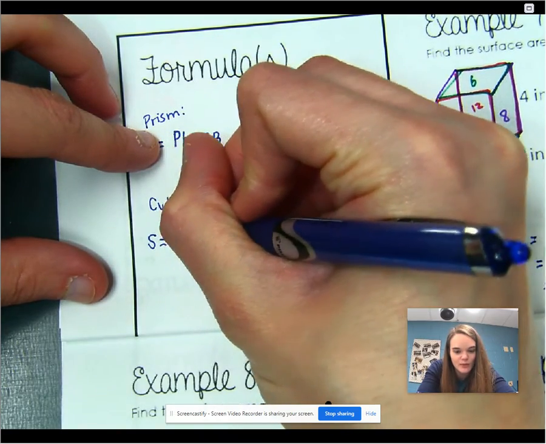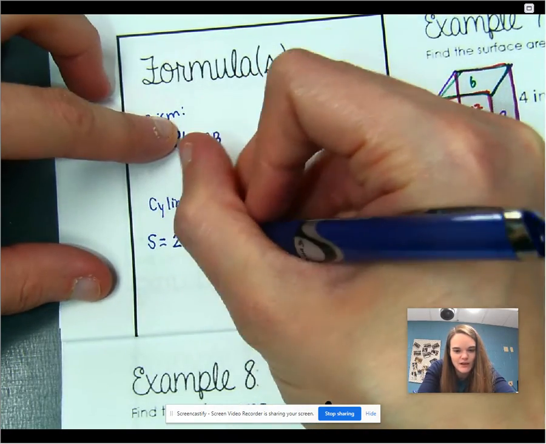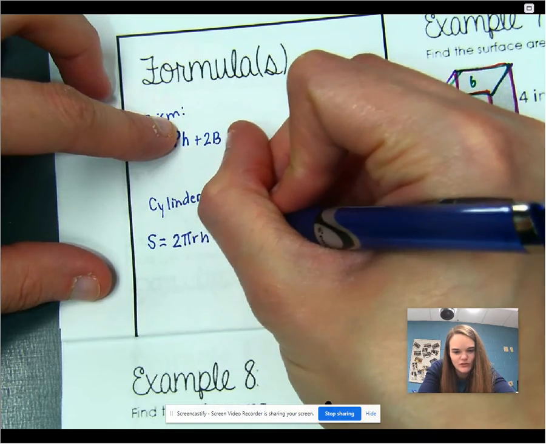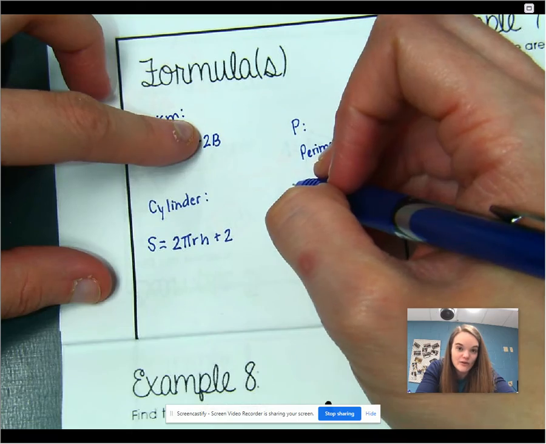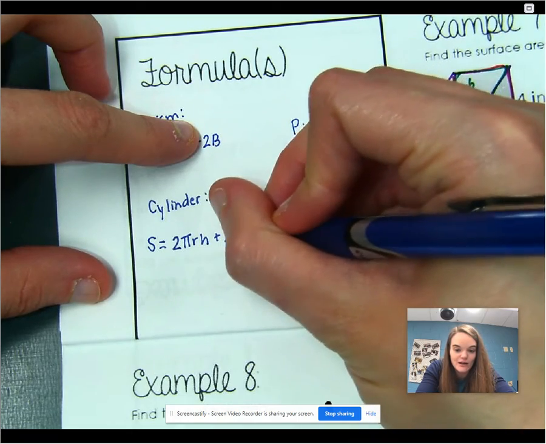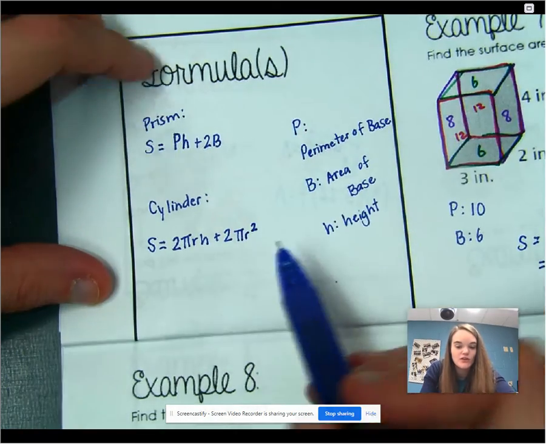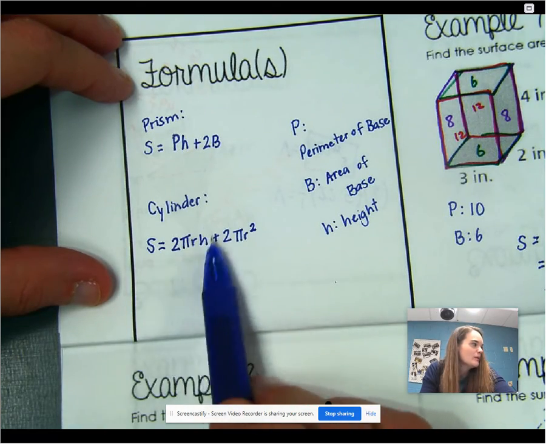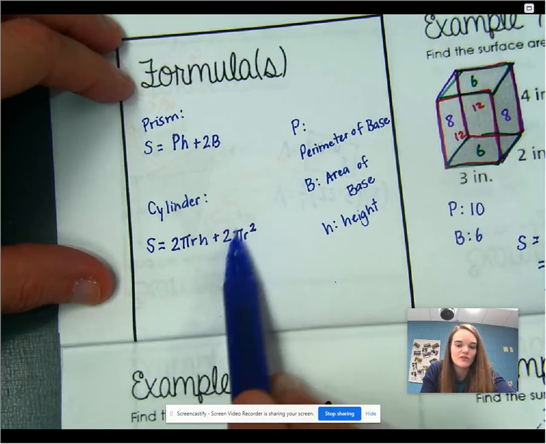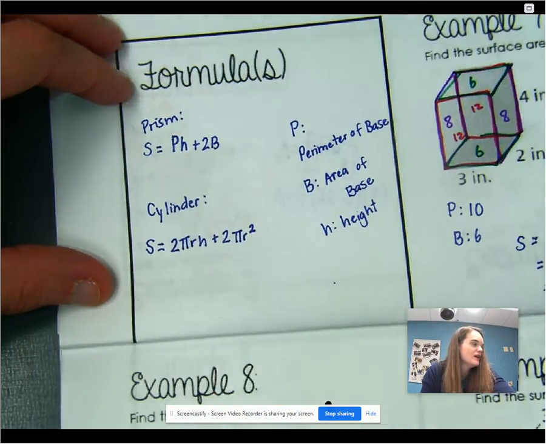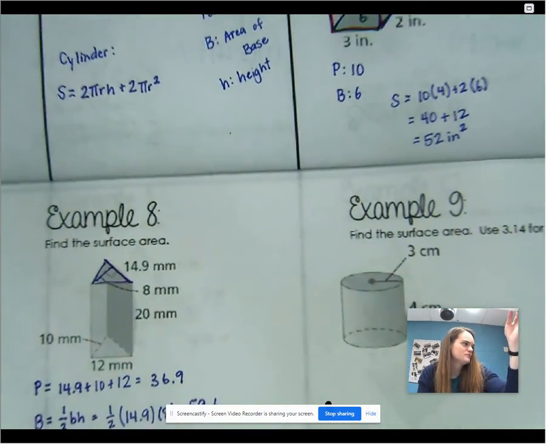Circumference of a circle is 2 pi r times h plus 2 times the area of the base. The area of a circle is pi r squared. So all I did was take the circumference and plug it in for perimeter, and the area of a circle and plug it in for the area of the base. And now I'm going to go plug that in.